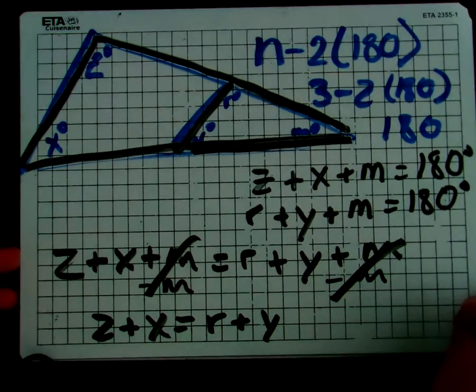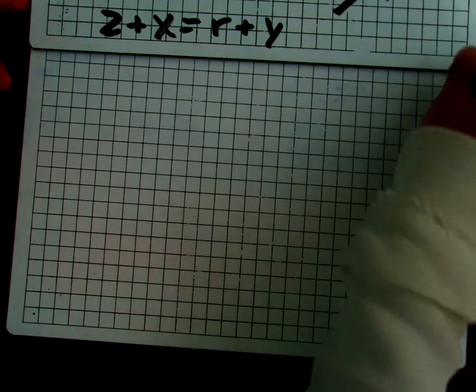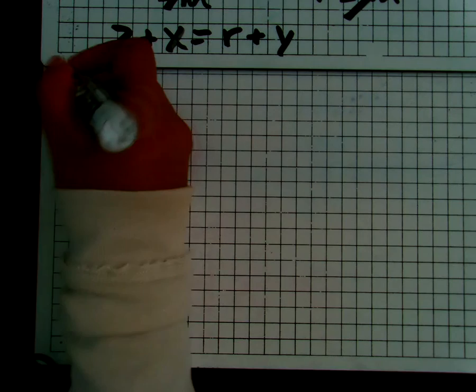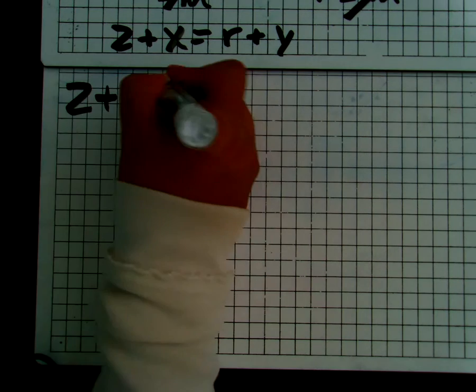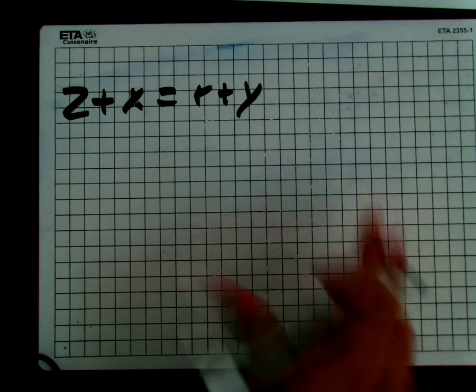So let's do that. Okay, so we have to rearrange our equation of Z plus X equals R plus Y. Well, let's see. In order to get answer choice A, a positive X and a positive R must be on the same side.